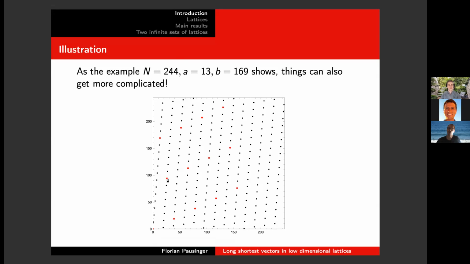For index 2, we would get this point here. For index 3, we go all the way up and come back in here and so on. If you're looking at such a point set, it's already not so clear anymore how to find out what the shortest distance is. In this case, of course, it would be the distance from the red point to the first point here, but how to find it algorithmically is not so clear a priori.